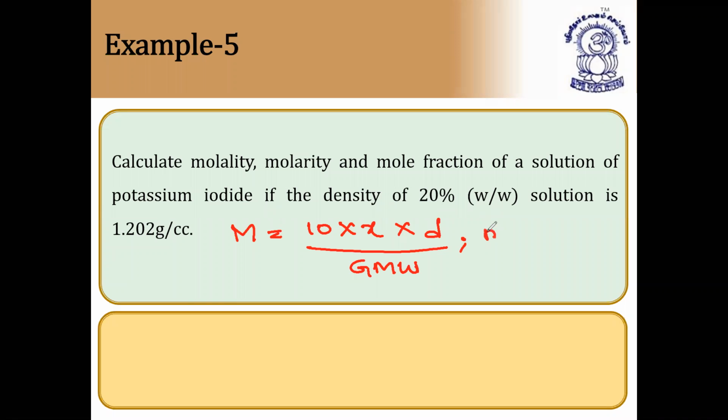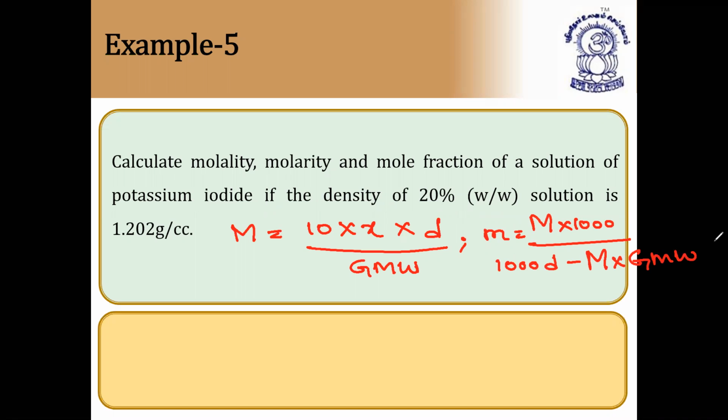Small m is equal to the relation between molality and molarity: small m is equal to 1000 M by 1000 D minus capital M, that is molarity, into gram molecular weight of the solute.